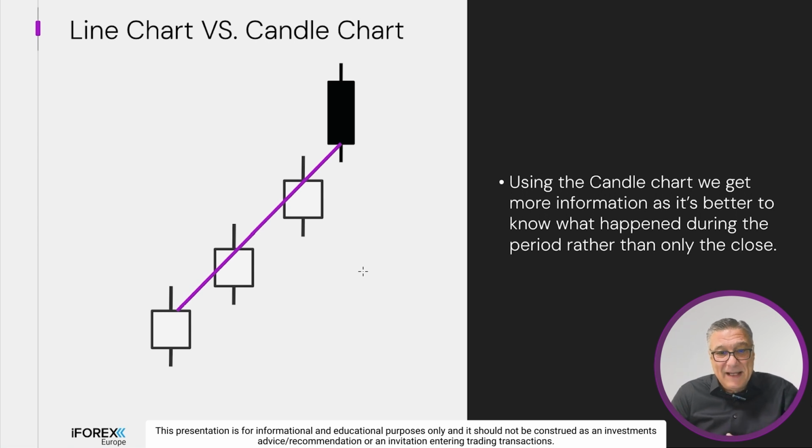And another example is here, another disadvantage. Even though we have an upward straight line, implying that the market is moving upward, the last session, a relatively big session with a big body, is bearish.